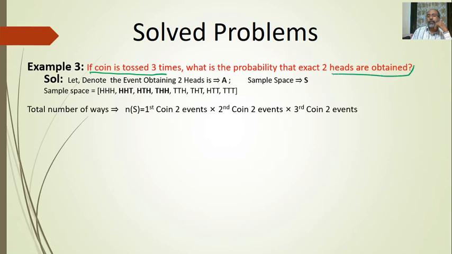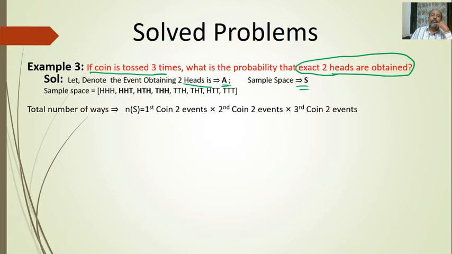Exactly 2 heads, this is the exact wording used. Let us denote the event of obtaining exactly 2 heads as A. The sample space is, as usual, S. Since there are 3 coins, you may get 3 heads all together, or 2 heads and 1 tail.